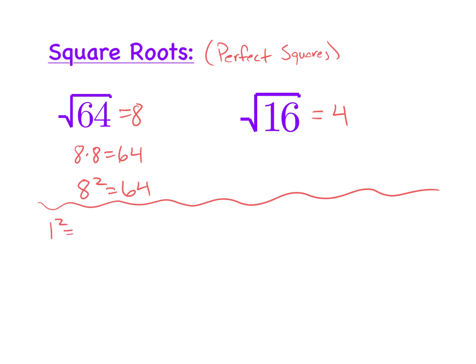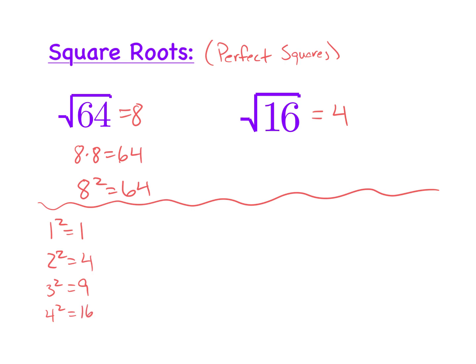1 squared. What is 1 times 1? 1. Okay. 2 squared, or think of it as 2 times 2. 3 squared? 4 squared? 16.